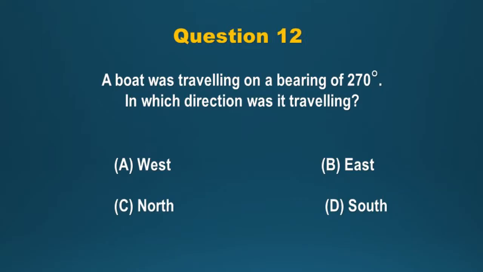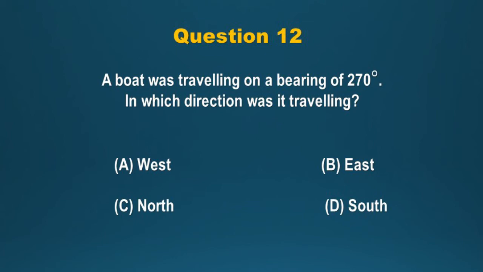The question reads, a boat traveling on a bearing of 270 degrees, in what direction was it traveling? 270 bearing. A fundamental concept that we'll be using in the airstrip. From time to time we hear of a boat or an aeroplane, we would have been hearing the co-pilots or the pilots mentioning bearing. So what is bearing and how do we use bearing?